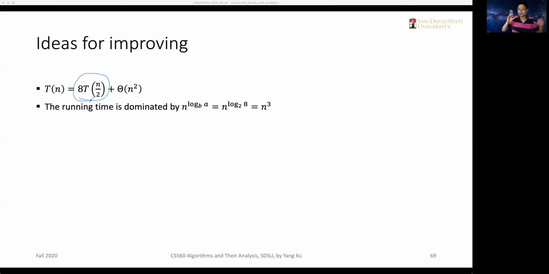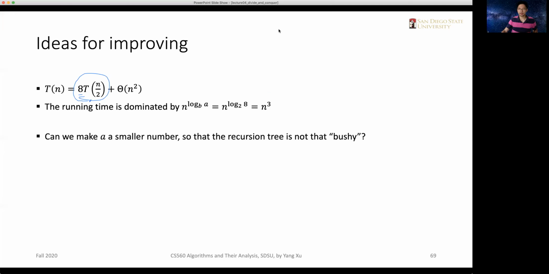And it turns out it is the cost of the bottom level of the leaf nodes. So whether we can reduce the A here is the key to improving the algorithm. Because A equals 8 means that each time we do the split, there are just 8 resulting subproblems.